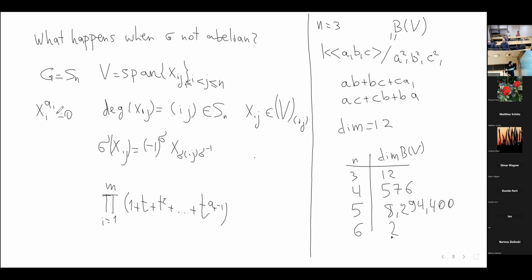This is the nilpotency degree of xi. Then you will have a basis that is given by things of the form x1 to the n1 up to xm to the nm, and ni is somewhere between 0 and ai minus 1. So in this way, you generalize the Poincaré-Birkhoff-Witt theorem. So you really get this kind of basis. Okay.